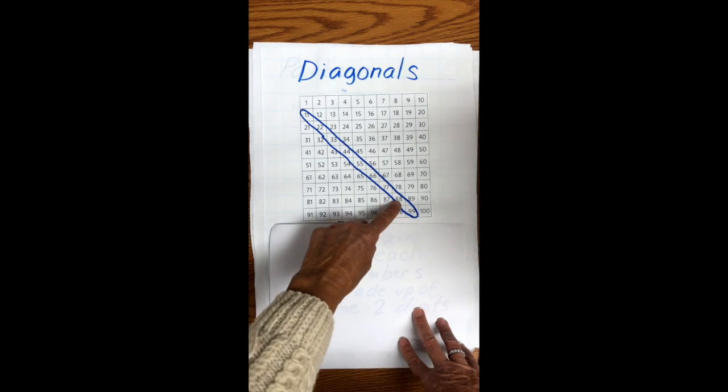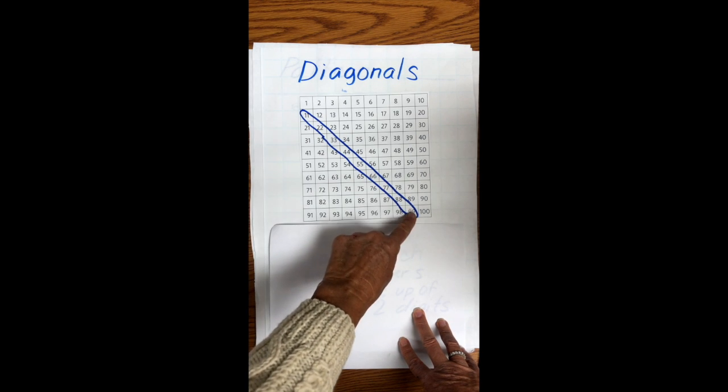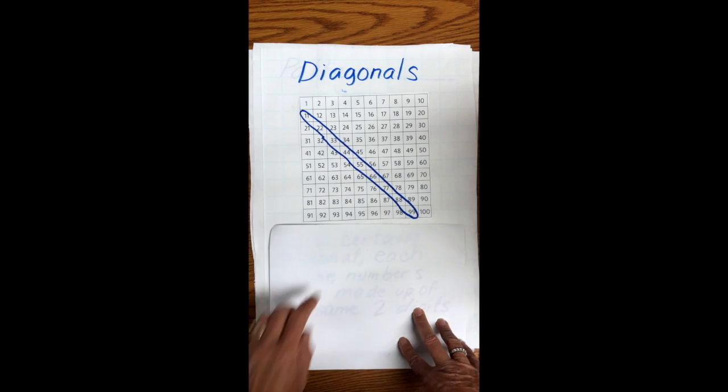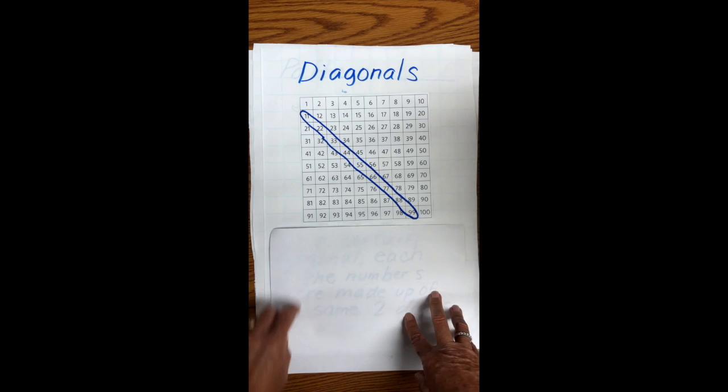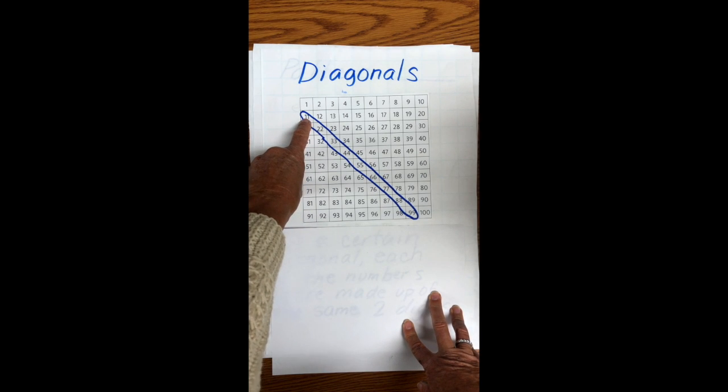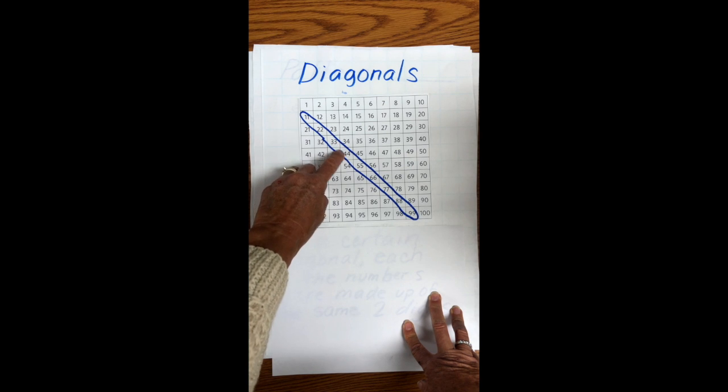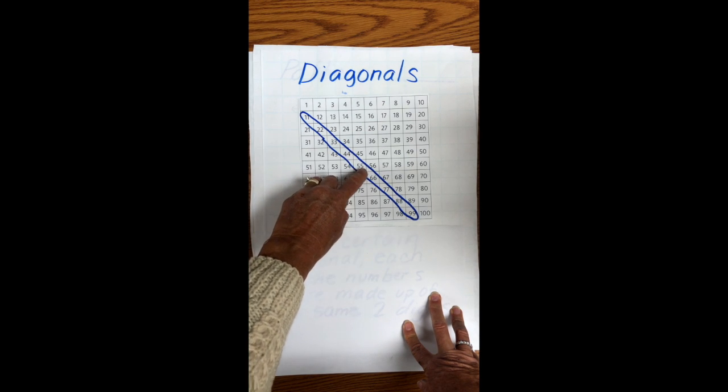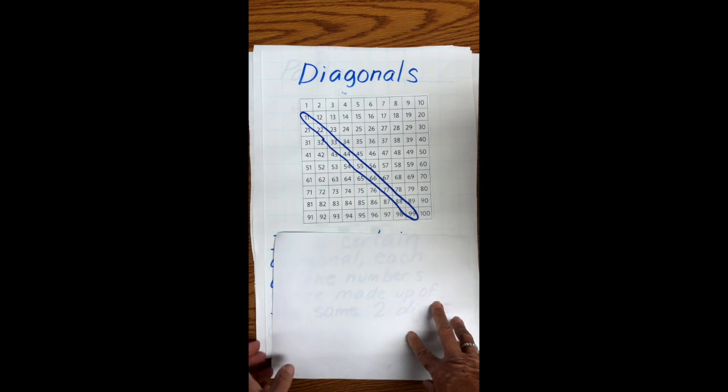Another student circled this right here, and they noticed an interesting pattern. They said, look at it, this is a 1, 1, this is a 2, 2, this is a 3, 3, this is a 4, 4, this is a 5, 5, this is a 6, 6, and so forth.